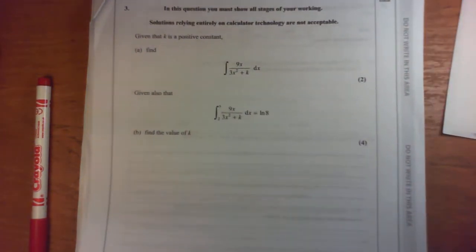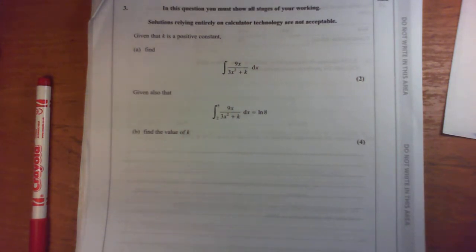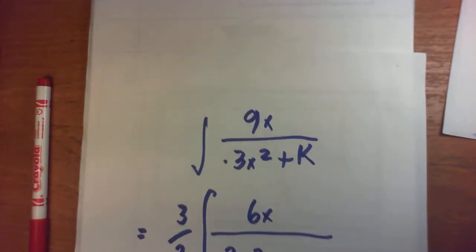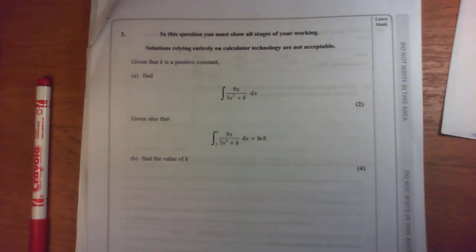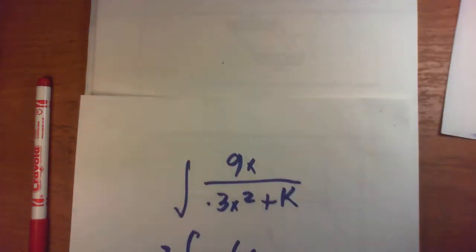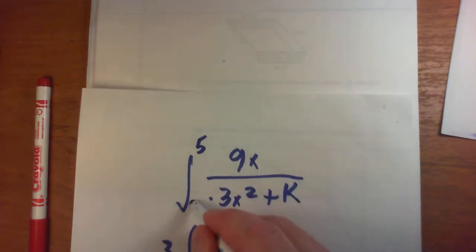So having produced a log, the next thing it says is find the value of k. So essentially, I should have said that you're actually introducing limits of 5 and 2 there.